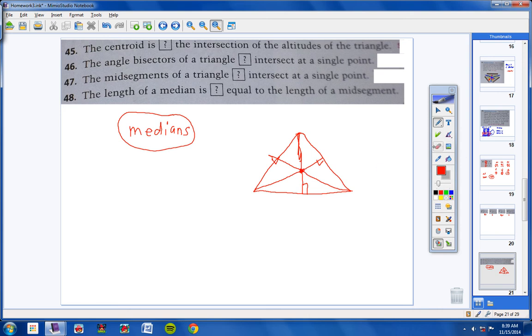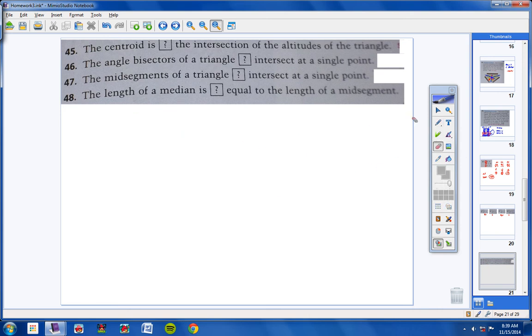So sometimes. Okay, number 46. The angle bisectors of a triangle intersect at a single point. Well, guys, we know that's true. We've learned that. Anytime you draw the angle bisectors of a triangle, they are concurrent. They will intersect at one point. So always, yes.